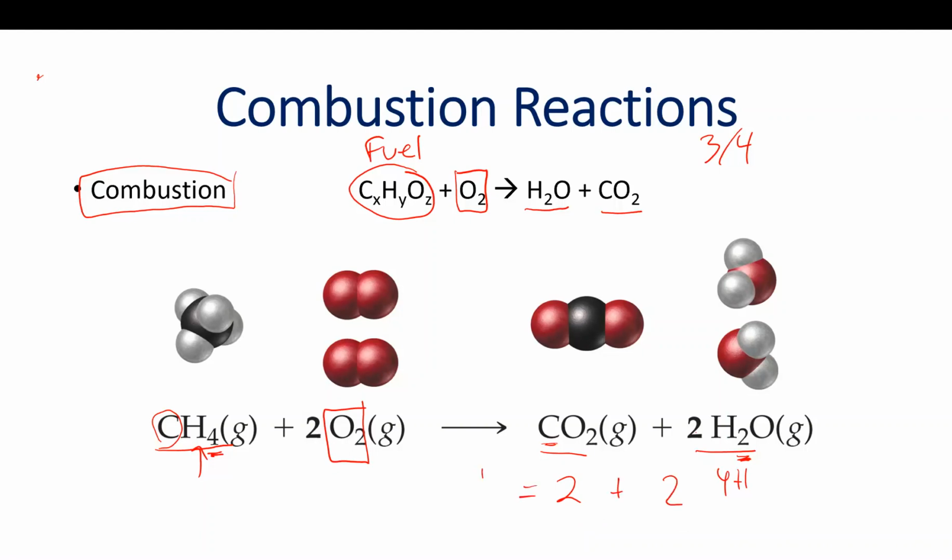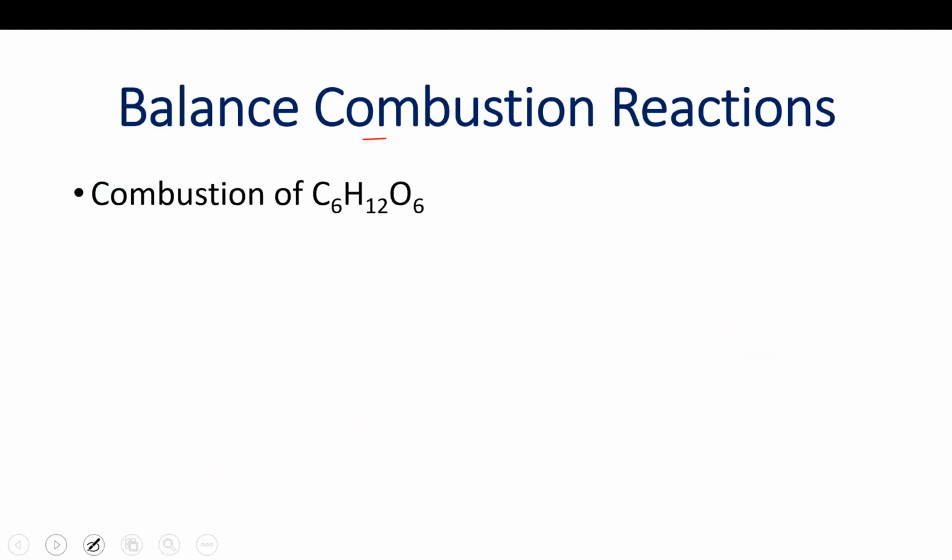So 2 plus 2 equals 4, and what number times 2 in the diatomic will give me 4? That's the coefficient of 2. So this is a perfect example of a balanced combustion reaction. You want to get comfortable balancing combustion reactions for yourself.